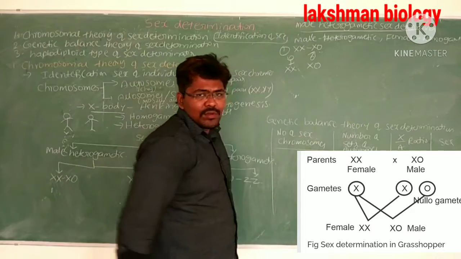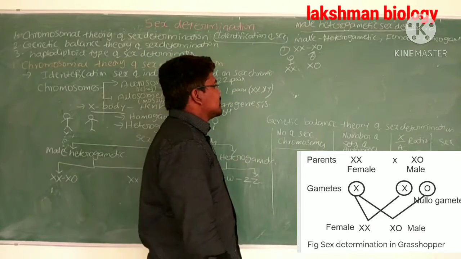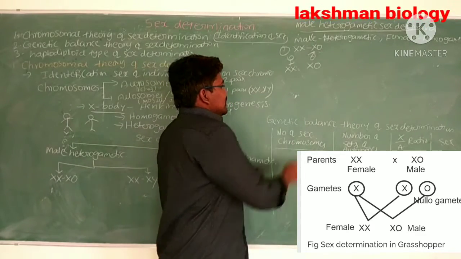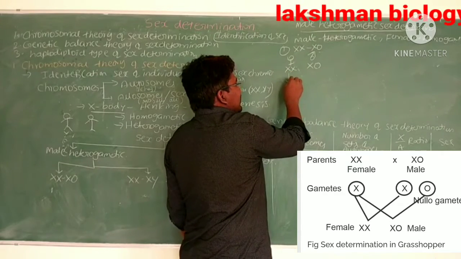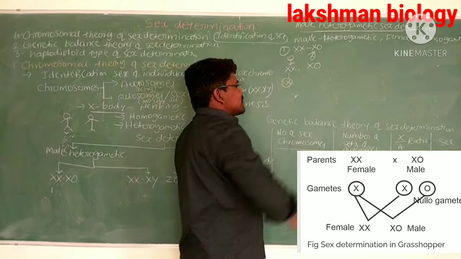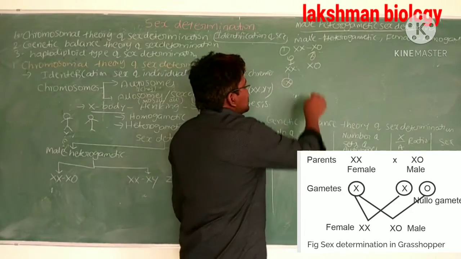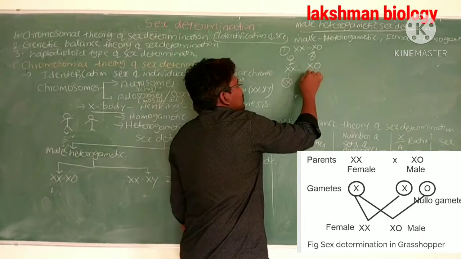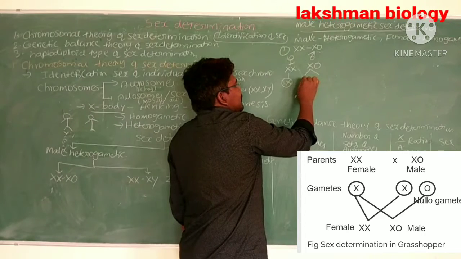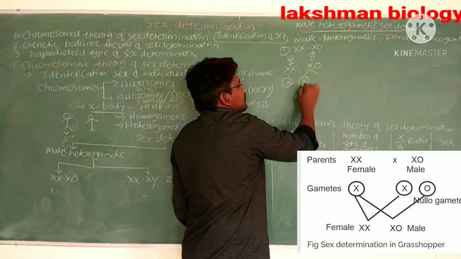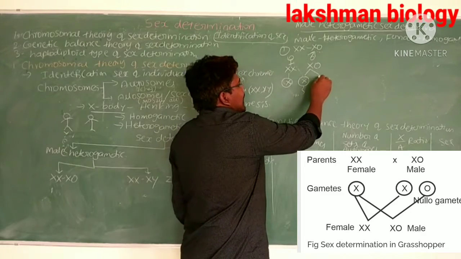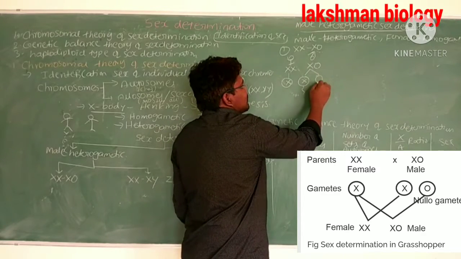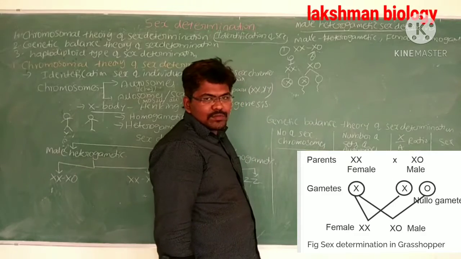The male produces two different types of gametes: 50% of sperms contain the X chromosome, and the other 50% are without an X chromosome.